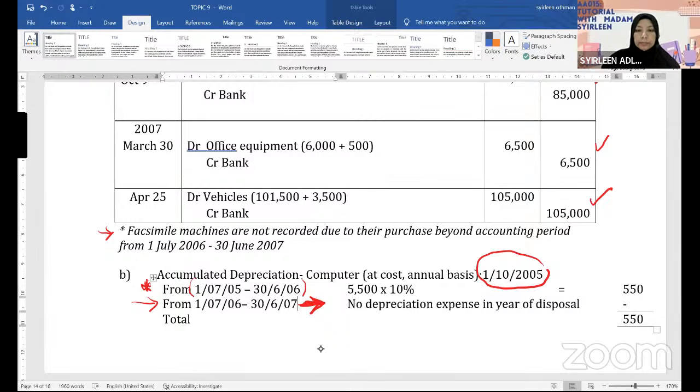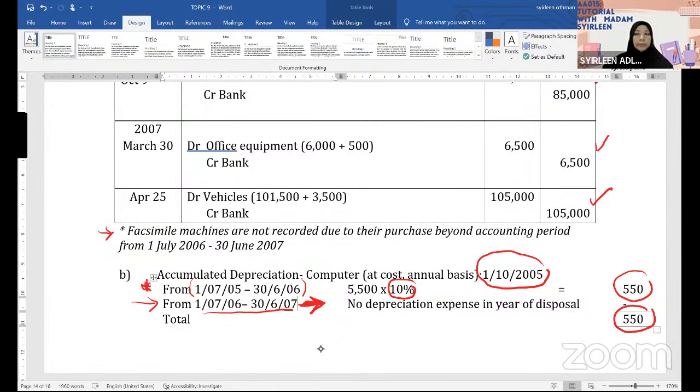So 5,500 kita darab terus dengan 10%, that gives you the amount of 550. So untuk tahun yang kita nak buat sekarang ni, which is 1st of July 2006 sampai 30th of June 2007, tak ada sebarang depreciation expense. Sebab this is a year of disposal. So the accumulated depreciation to the date semasa komputer tu hilang ialah 550.